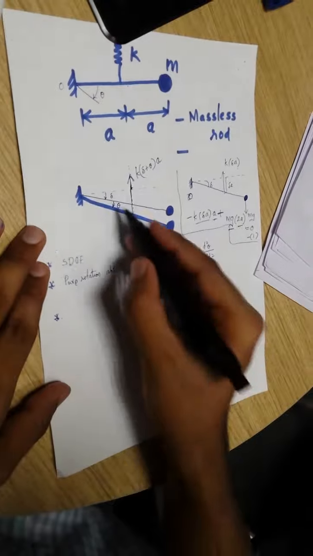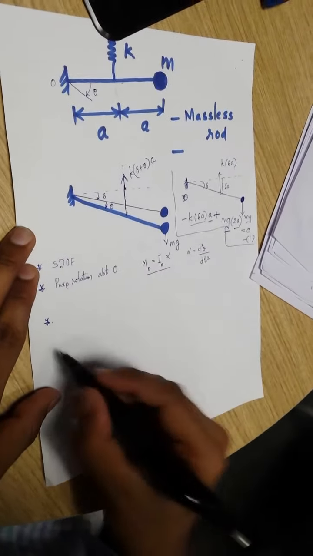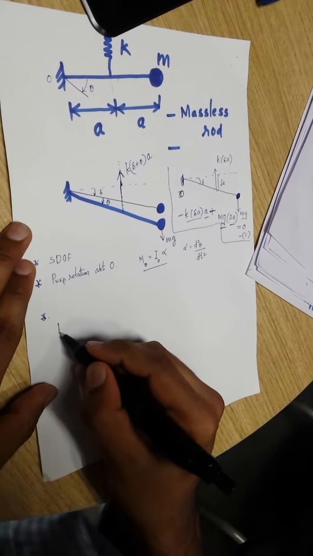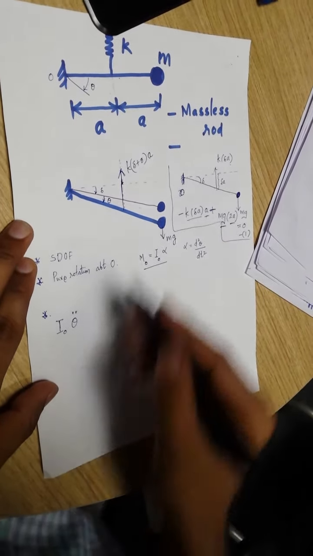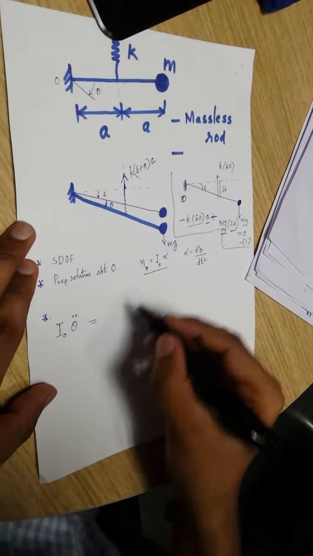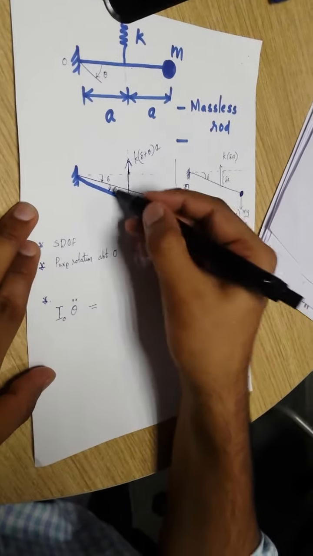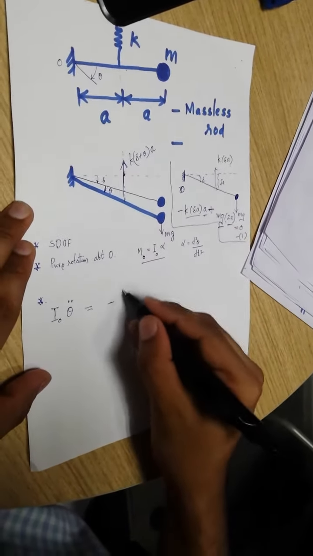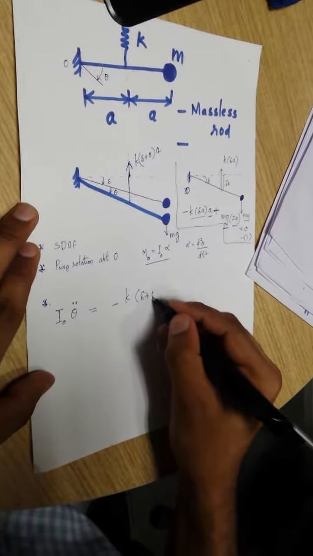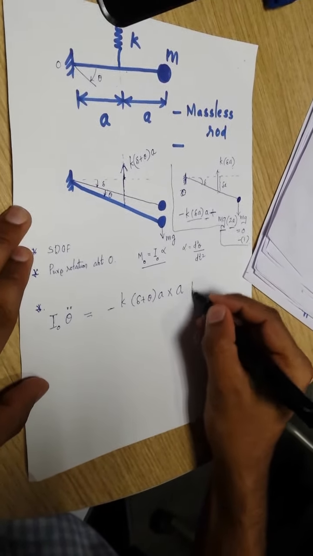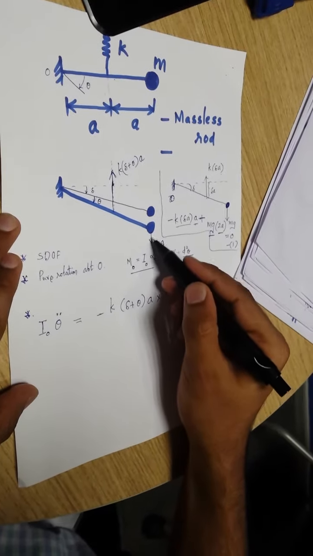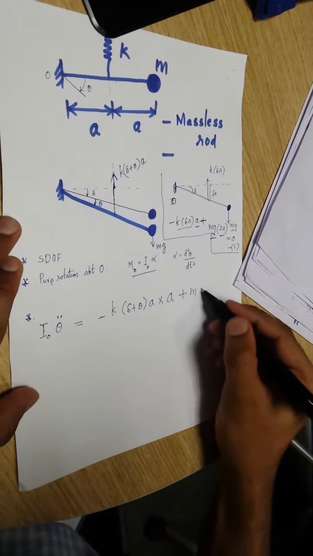Now using this, the moment about O is I0 into theta double dot, equal to, this is acting in the opposite direction. If this is the positive direction of theta, this is acting in the opposite direction: K times delta plus theta times A, into A, since this is the force and the moment arm is A. Plus there is the other force, mg, the weight.